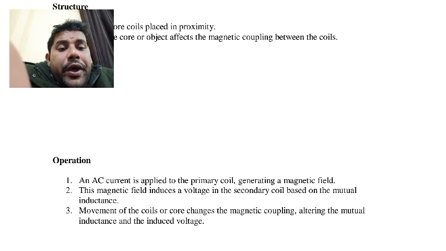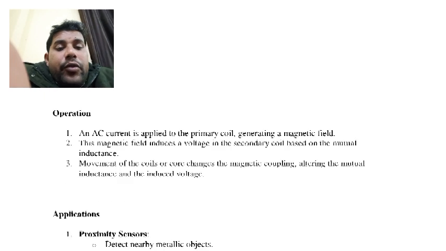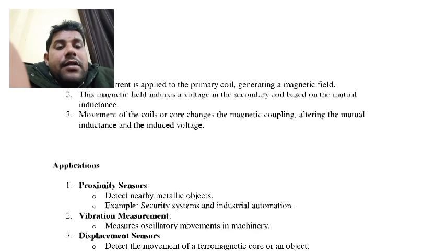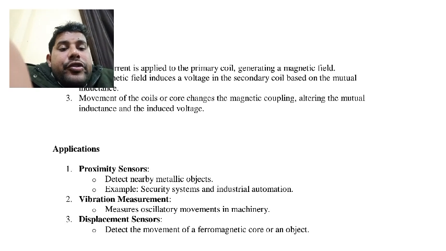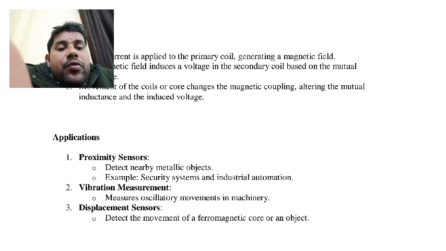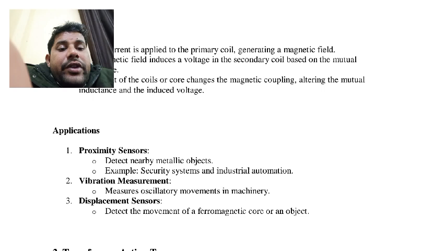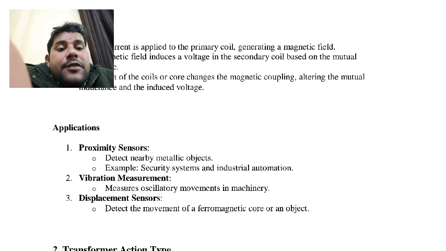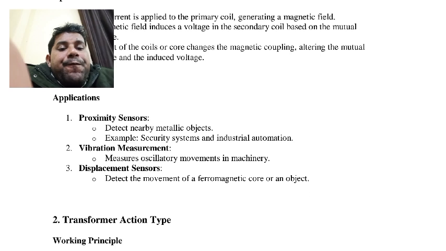The movement of the coil or core changes the magnetic coupling and thus the induced voltage. Applications: proximity sensors detecting nearby metallic objects, for example in security systems and industrial automation. Vibration measurement: measuring oscillatory movement in machinery. Displacement: detecting the movement of a ferromagnetic core.